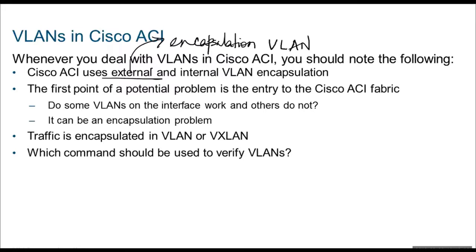Once it's received, it actually translates it into what's called flood domain VLAN, VXLAN. You have platform independent VLAN. You'll see a lot of things that it gets translated to. This is usually done in the ingress switch.